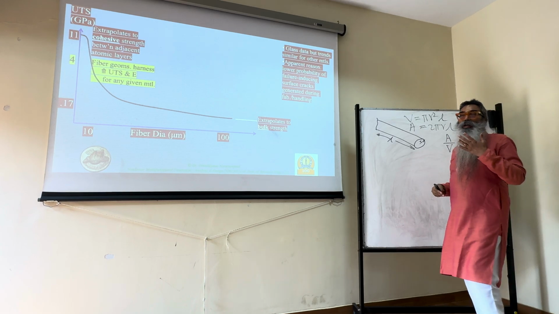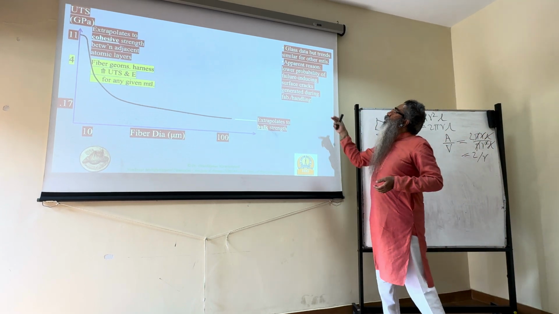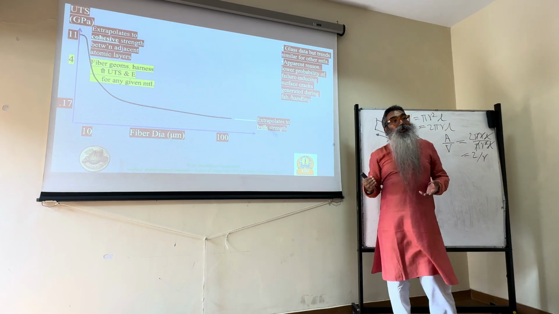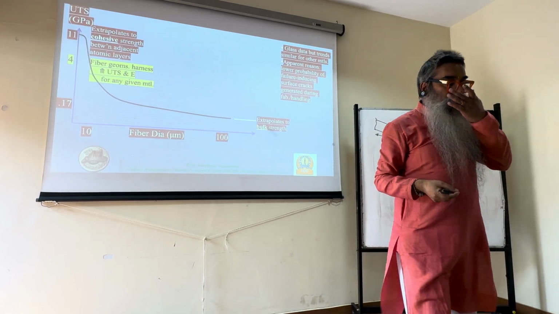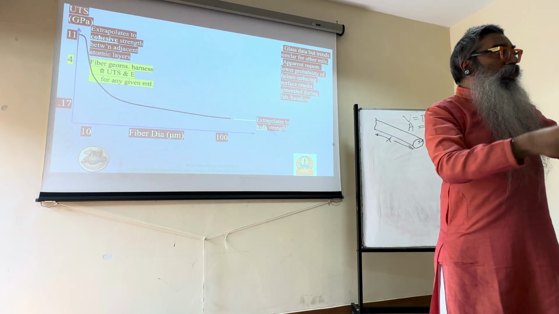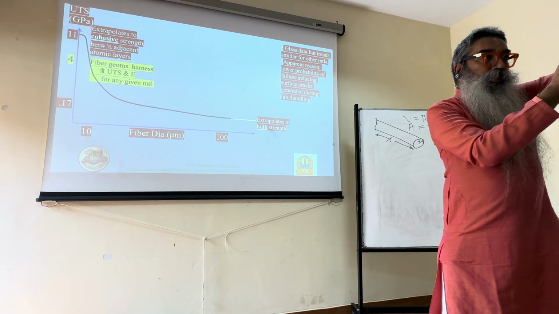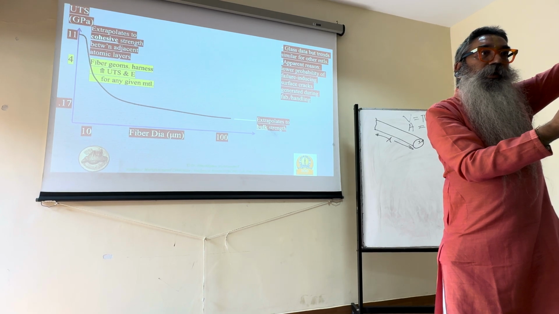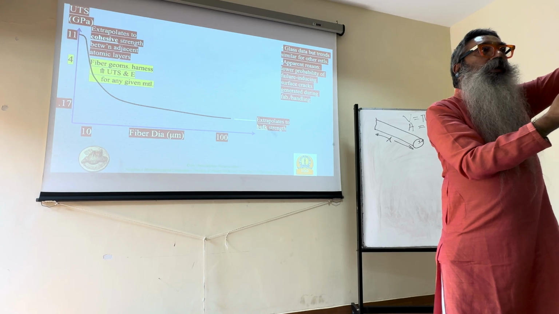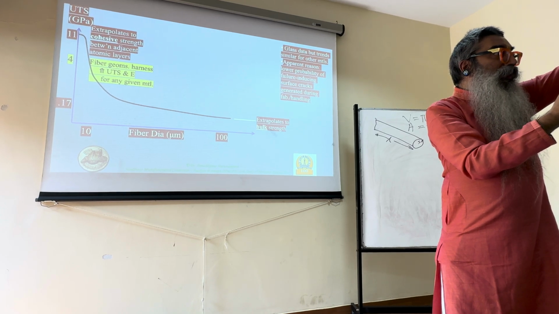As we said, it's the lower probability of failure-inducing surface cracks, which are generated not only during fabrication but handling also. Remember, you are trying to take whatever has come to us from the manufacturer, put it onto a UTM which is capable of handling such small diameter specimens, and then fix the grips.